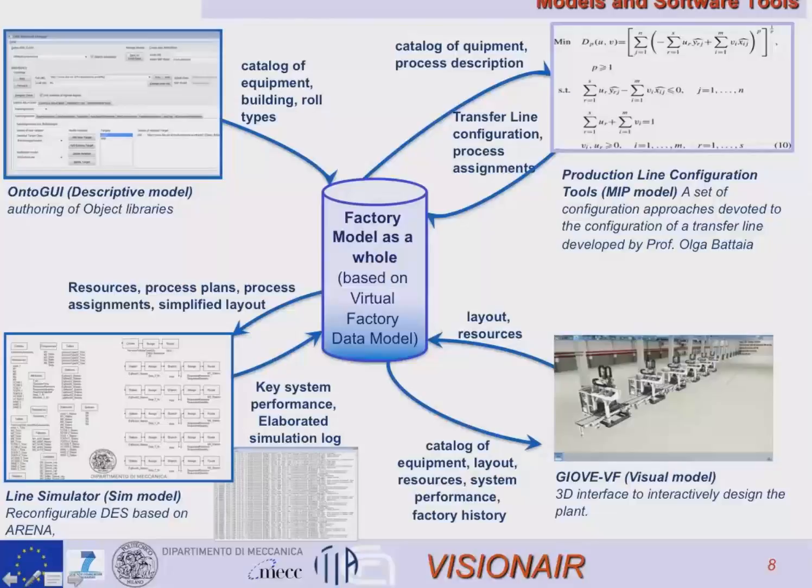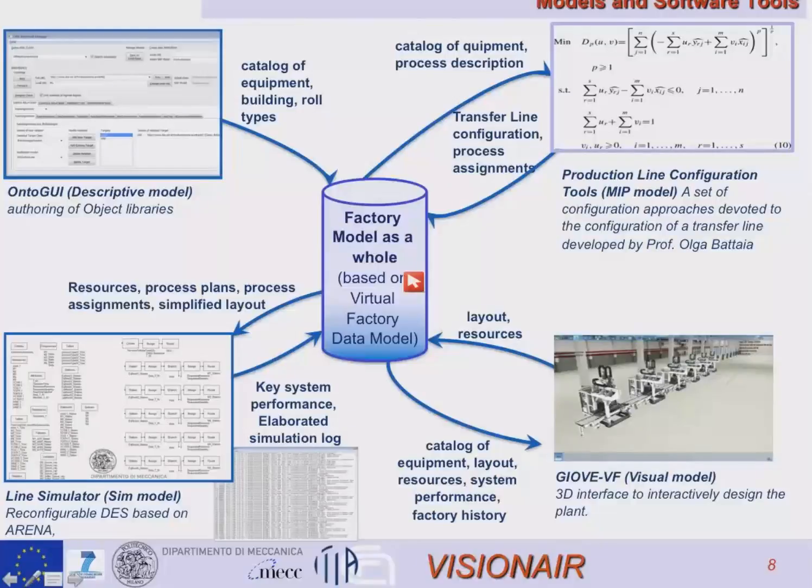So what we have back is an allocation of the machining working steps to the different stations and to the different working units, and also how these different working units are disposed, allocated into the whole design of the transfer line.